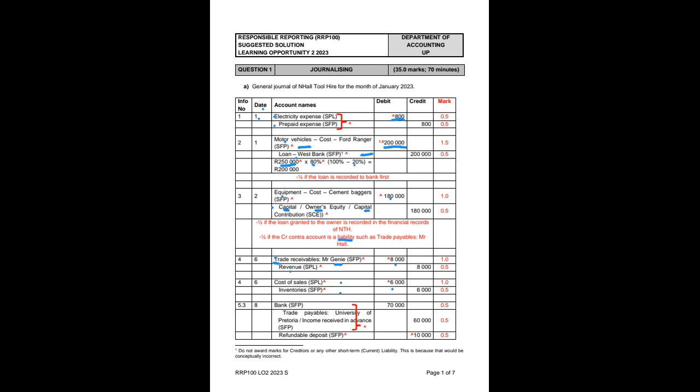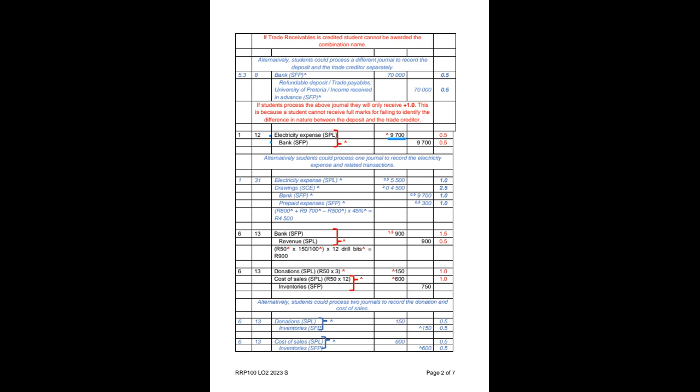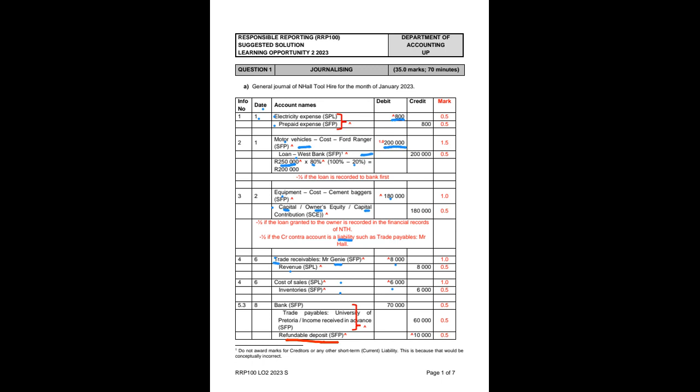refundable deposit. However, you'll see at the top of page 2 of the solution, if you put the whole thing into trade payables, we would probably accept that, right? We'd also probably accept income received in advance, although we've just discussed why it's conceptually incorrect to say income received in advance.